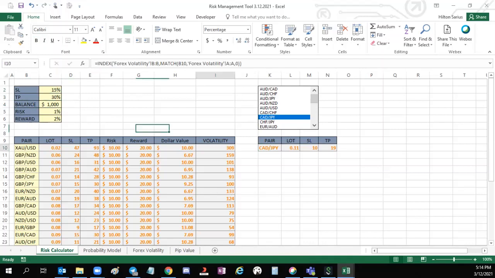Gold typically moves around 300 pips over the last 10 weeks. So I know that if I'm trading gold, it's likely that it's going to move around 300 pips. So my stop loss that I'm setting for gold is going to be 15% of that 300 pips, which comes up to around 50 pips, and 30% is what I'm going to try to set as my take profit, which is going to be 93 pips.